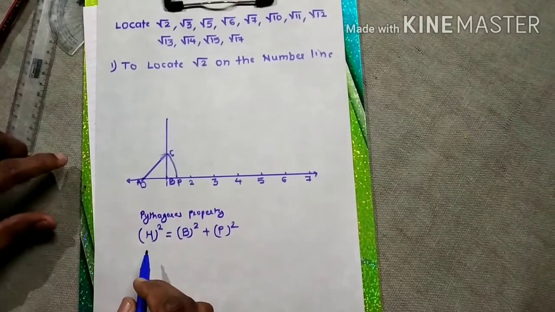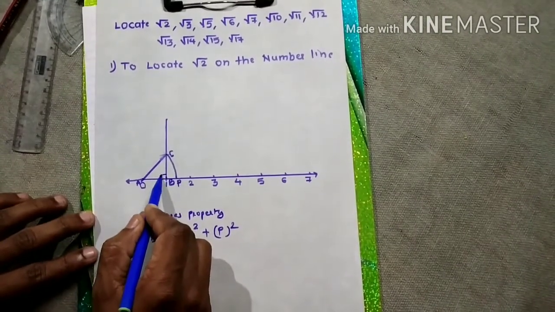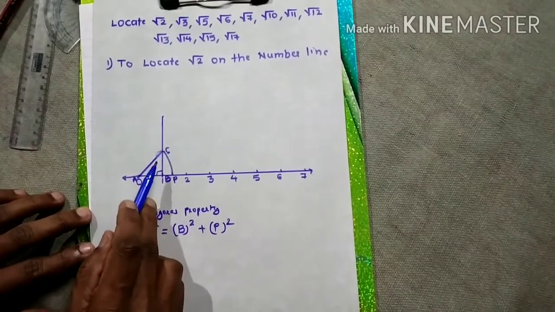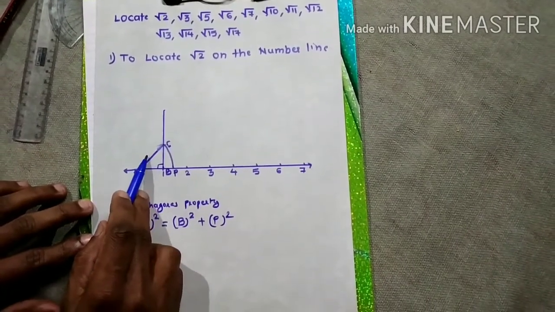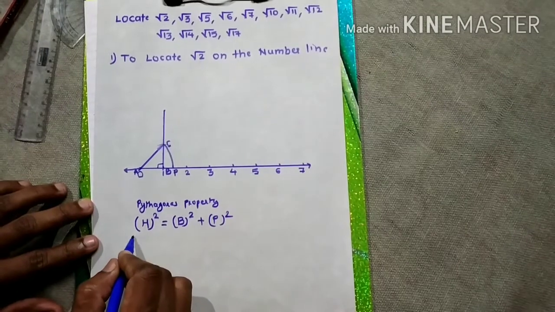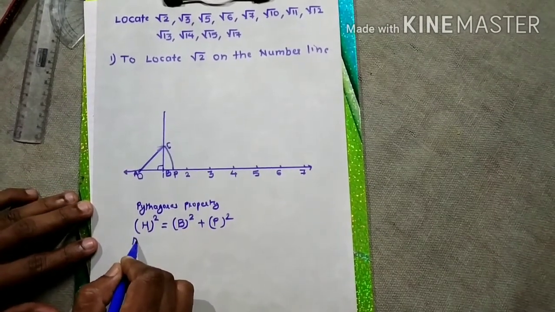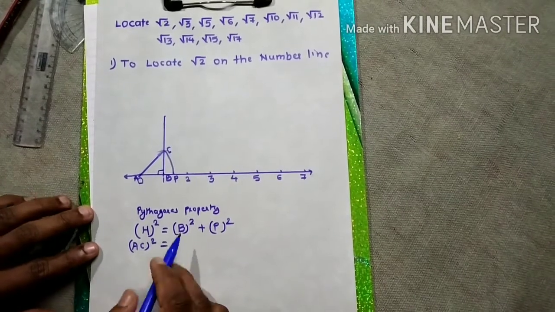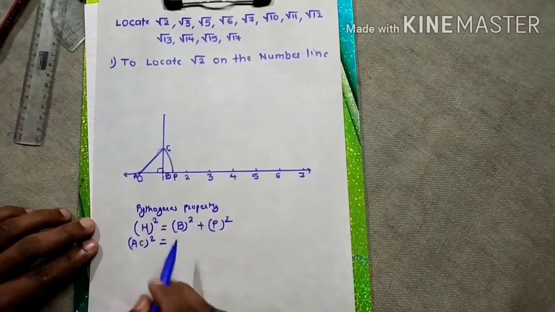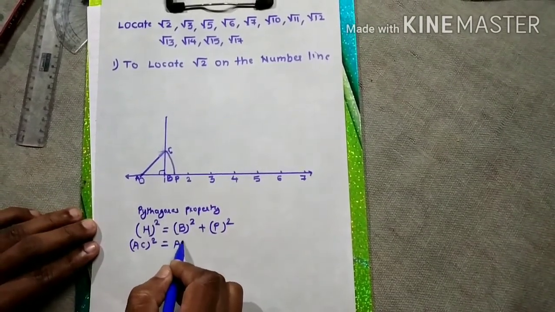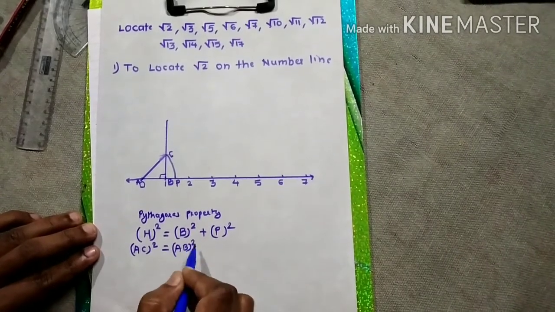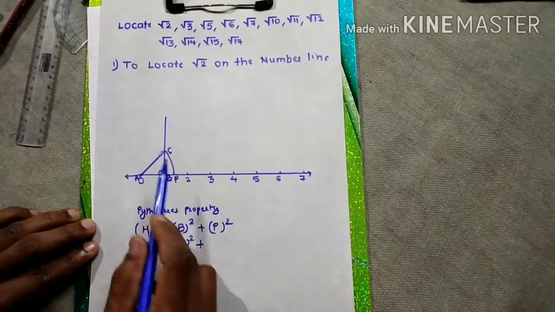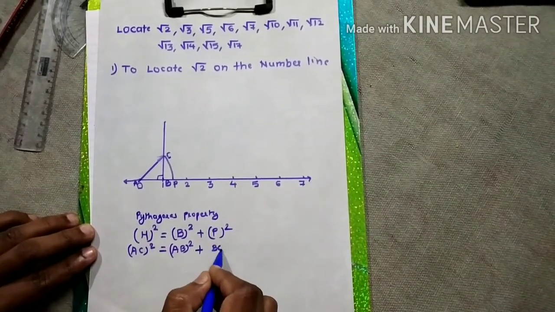So what is hypotenuse here? This is a right angle triangle ABC, and this is the hypotenuse. So let us write the hypotenuse AC square is equal to, this is a base, that is AB square, and this is a perpendicular BC square.